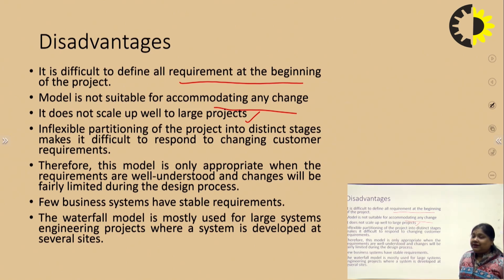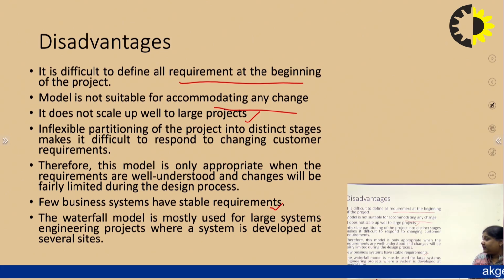So this model is only appropriate when the requirements are well understood and well defined at the beginning of construction of the software, and changes will be fairly limited during the design process. Few business systems have stable requirements, but then the waterfall model works fine. The waterfall model is mostly used for large systems engineering projects where a system is developed at several sites.